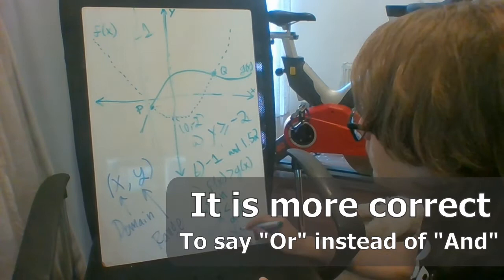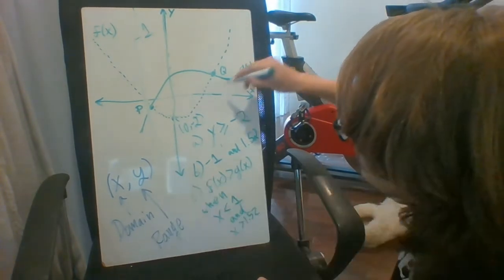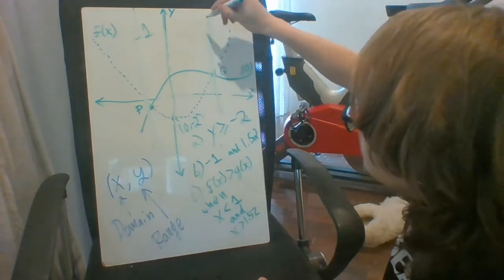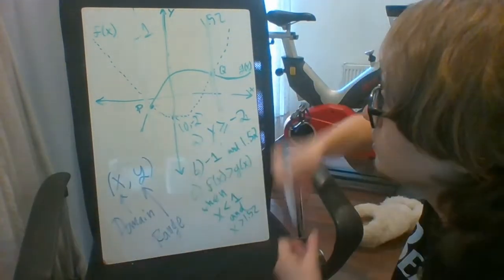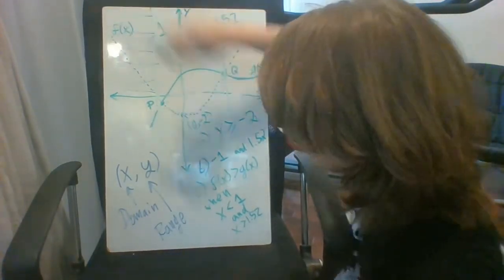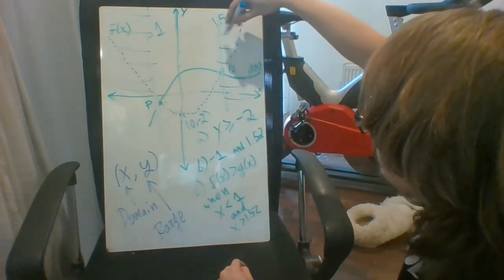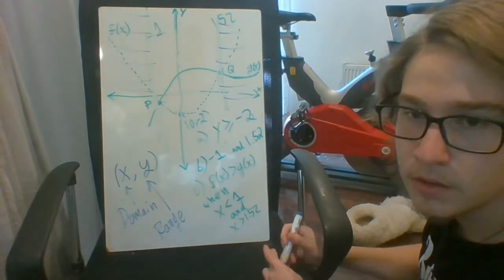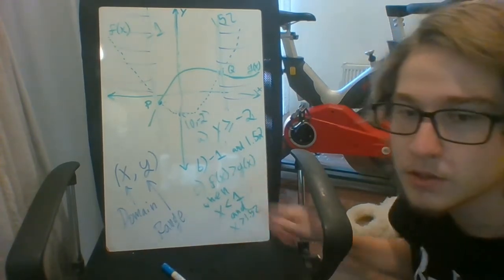And when x is greater than 1.52, which is going to be this point right here. We're basically showing all the values over there by saying x less than -1, and all the values over here by saying x is greater than 1.52. So those are the points where f of x is greater than g of x.